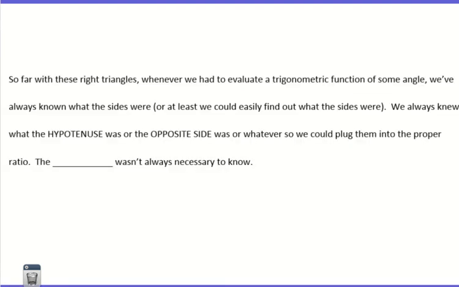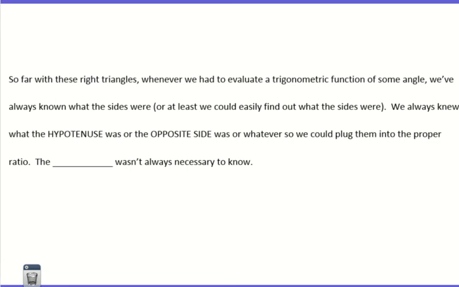Moving on. So far with these right triangles, whenever we had to evaluate a trig function of some angle, we've always known what the sides were, or at least we could easily figure out what they were. We always knew what the hypotenuse was, the opposite side was, or whatever, so we could plug them into the proper ratio. The blank wasn't always necessary to know.